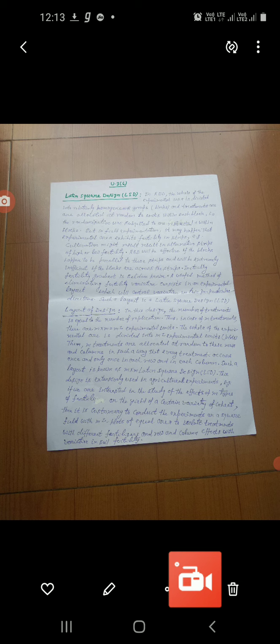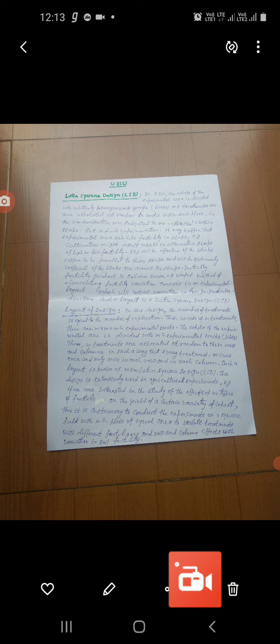In this design, the number of treatments is equal to the number of replications. This is an important point.